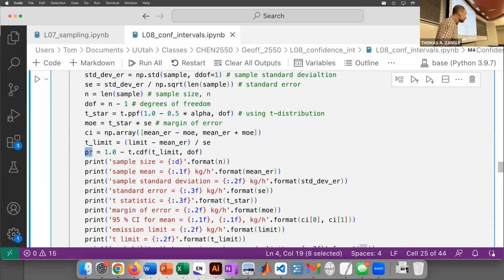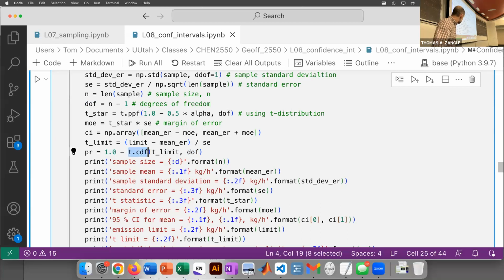And then we're going to find the probability as 1 minus the cumulative density function for that t statistic. And again, we're defining the degrees of freedom because we have a t statistic curve, and we know we have to define the shape in terms of the degrees of freedom.